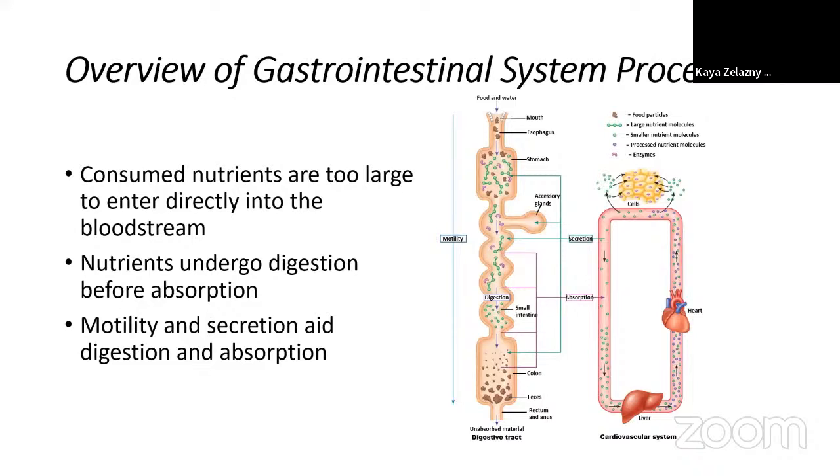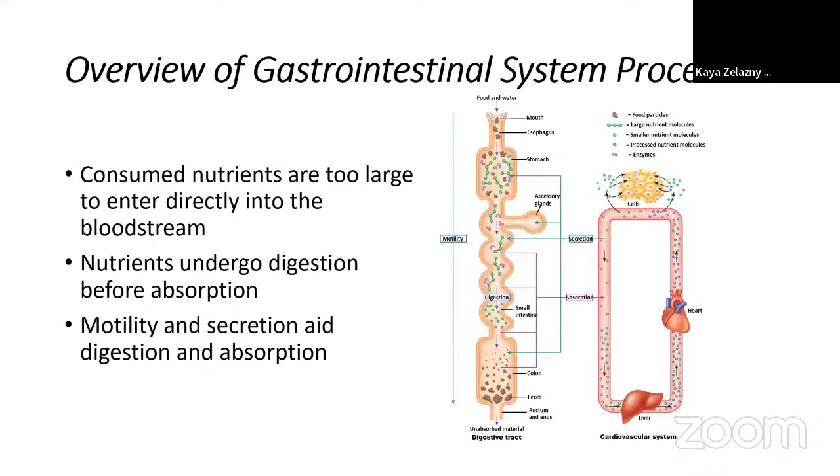So we have a lot of complicated things going on throughout our GI system that have to do both with mechanical movement and mechanically breaking things down. Think chewing. That's part of your digestive system, as well as breaking it down from a chemical perspective. We're going to think a lot about different enzymes that break down different types of molecules so that we're ultimately able to absorb nutrients.